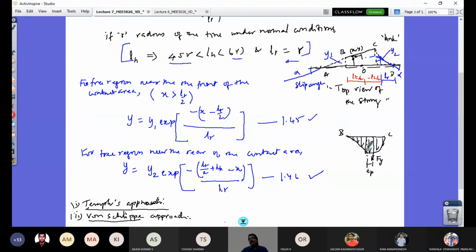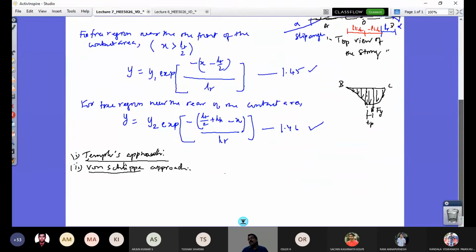So the force exerted by the tire for the entire contact patch is what is proposed by Temple, integrated from whatever you have for a differential element from end to end of the contact length. Whereas he has proposed this.